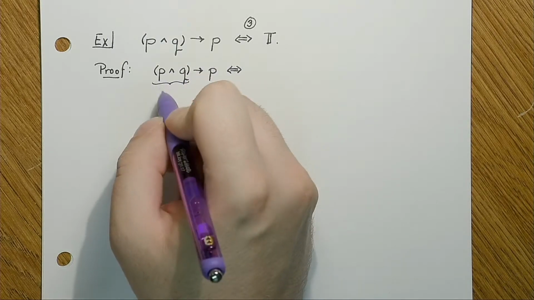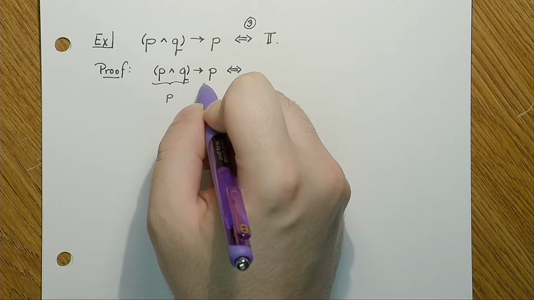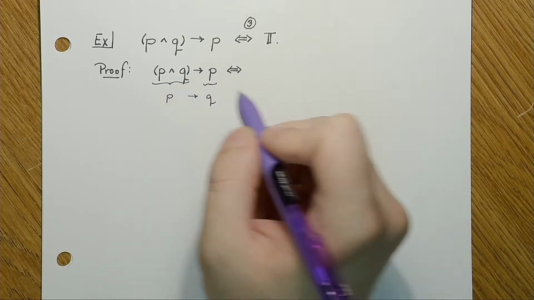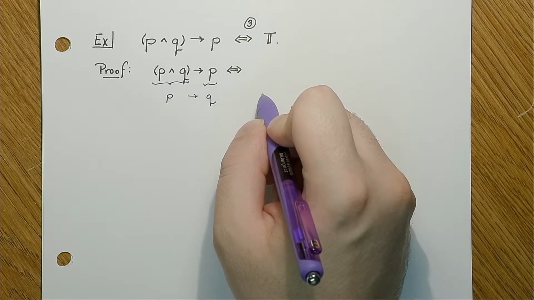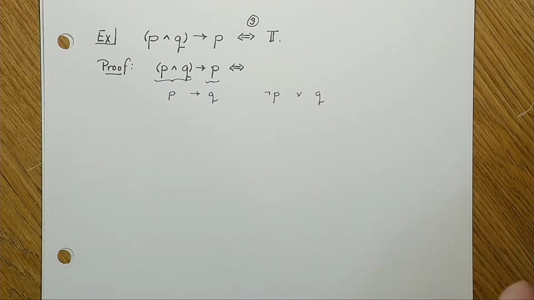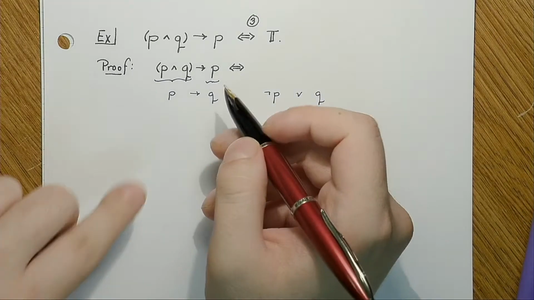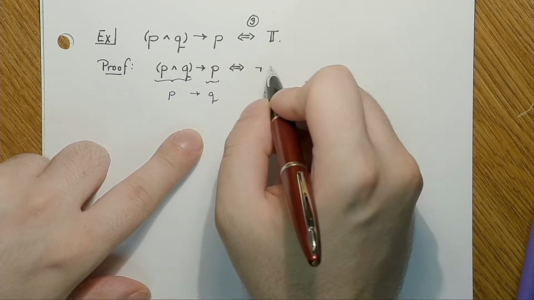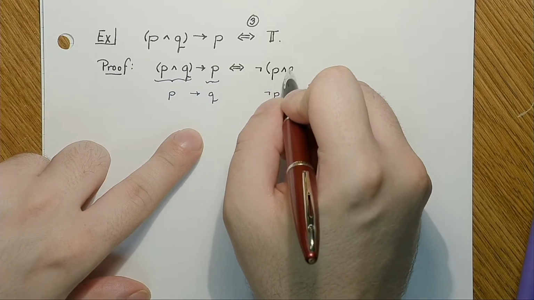So remember, our implication rule is P implies Q is not P or Q. So in this case, the P is the P and Q, so it's not P and Q.